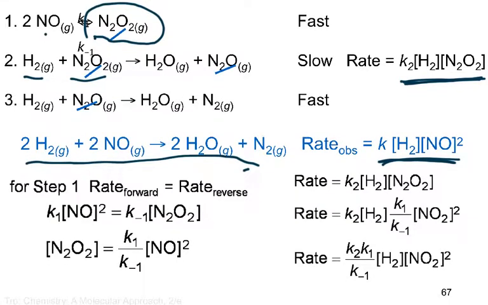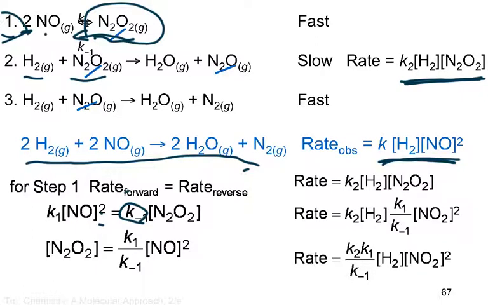So for step one, our fast step, we know that our K1, our forward rate, times NO squared, because there's a 2 there and it's an elementary step, is equal to whatever our K reverse is times our N2O2. Because they're at equilibrium, they're equal to each other.